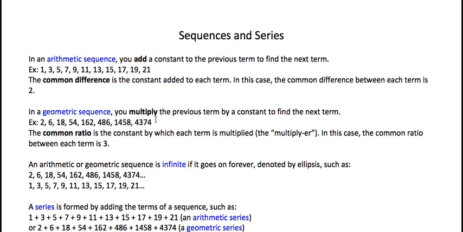Notice how in these two examples, the sequence stopped. It just stopped at 21. It stopped at 4,374. If it's infinite, it can go on forever. And the way you denote infinity is you just put 3 dots at the end.